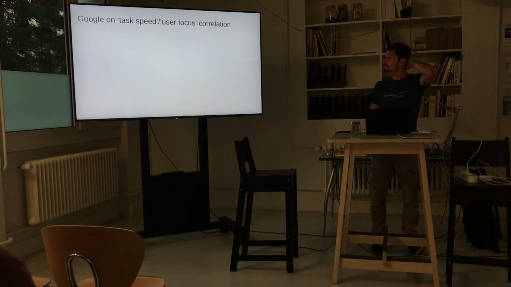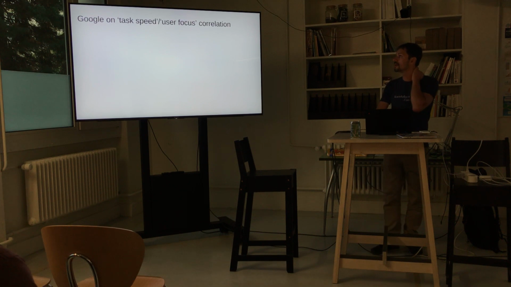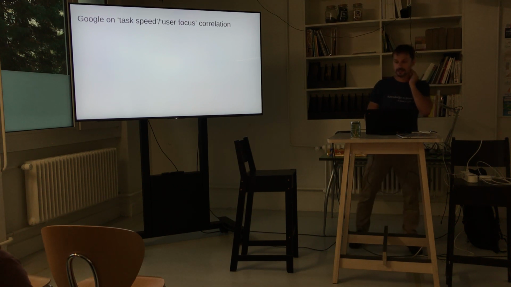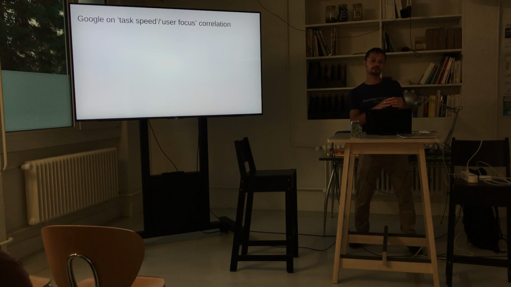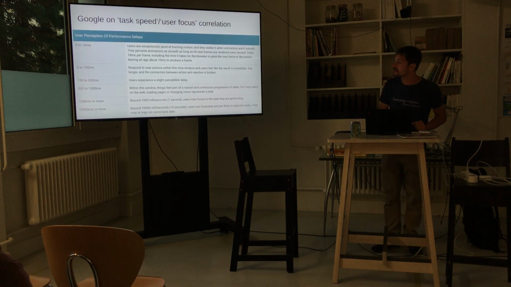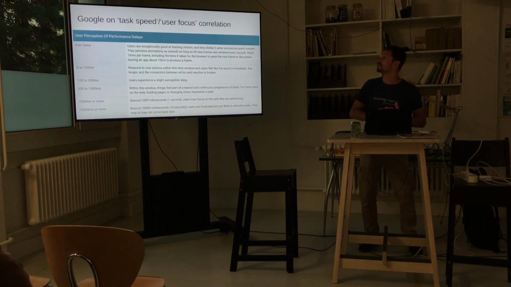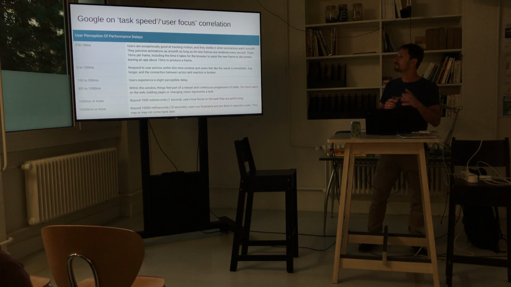Let's have a look at what Google has to say on task speed versus user focus correlation. That's not specifically about tests, but it is about generic user interactions with any system. They have this fancy table here that's broken down by particular time frames. The interesting ones for us are down the bottom.